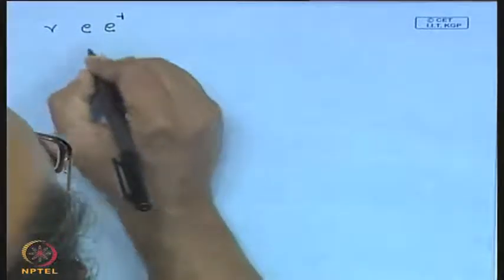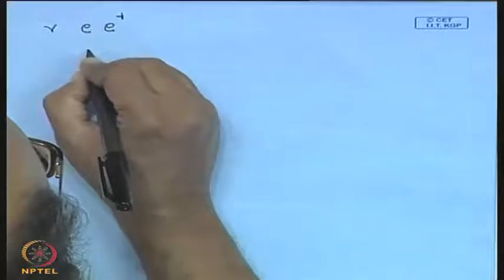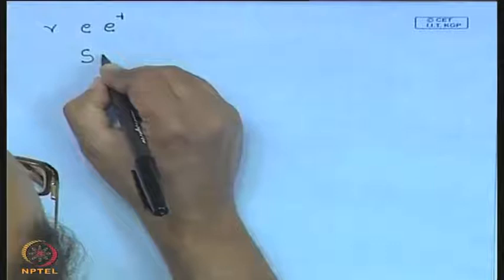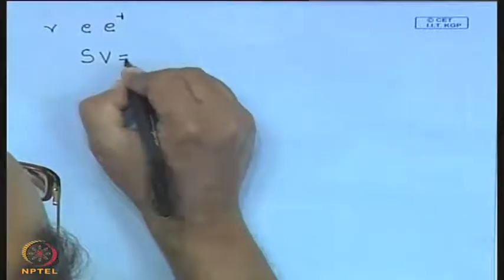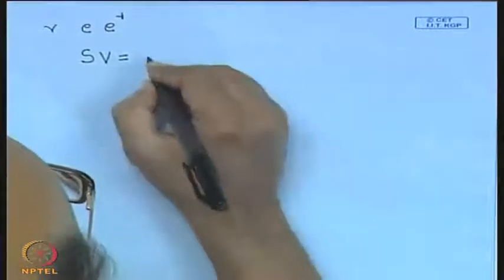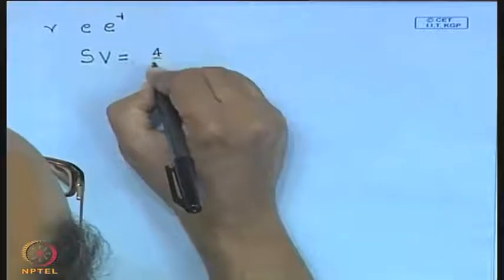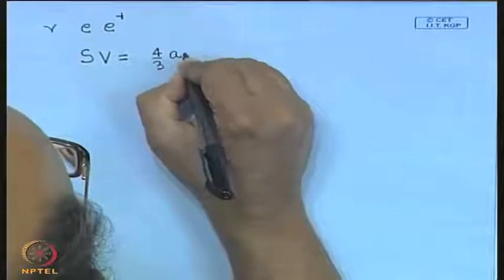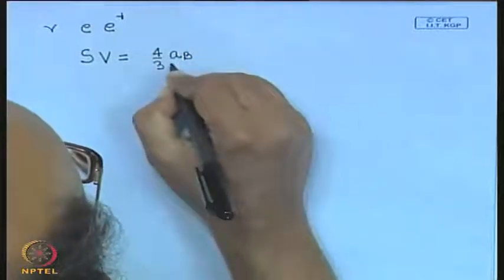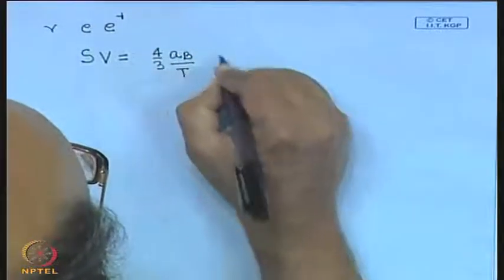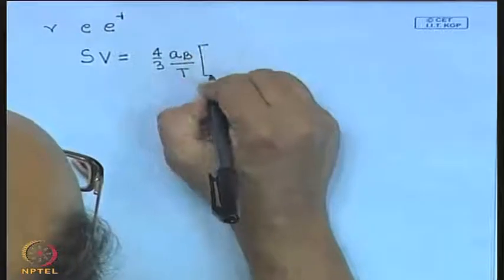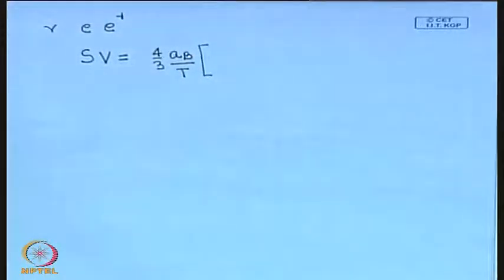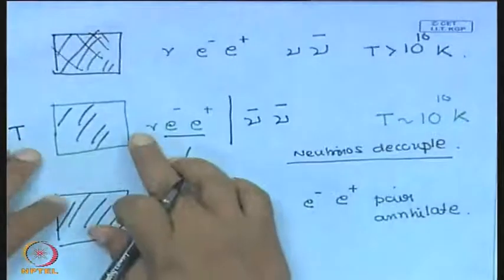So the entropy of this to start with is going to be S into V, which is 4/3 AB by T, and we have three kinds of particles.